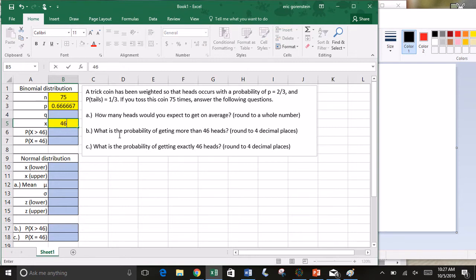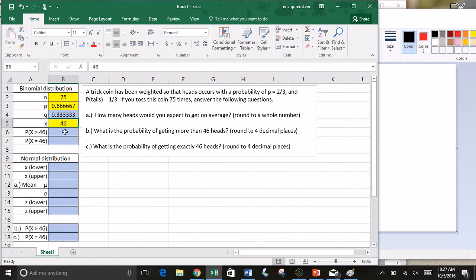Okay, so now I'll define Q in terms of P. Q is the complement of P. If the probability of success is 2/3, I could say Q is equal to 1 minus P, and for P, I'll use location B3. Now you could type in 1/3, but what I like to do is set up as many cells as possible so Excel will automatically do them for me.